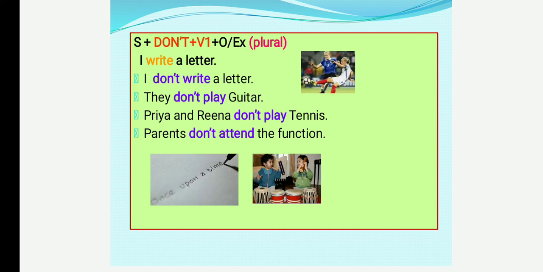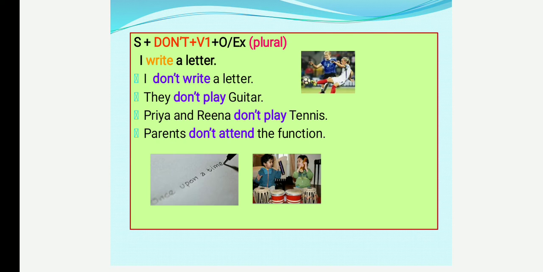So when a sentence begins with a singular subject, we have to use only the helping verb does. And when a sentence begins with a plural subject, to convert that sentence into negative form, we have to use the helping verb do. To convert a sentence into negative, we are simply adding the negative word not along with the helping verb. We have to use the negative word not only with the helping verb, not with the main verb.